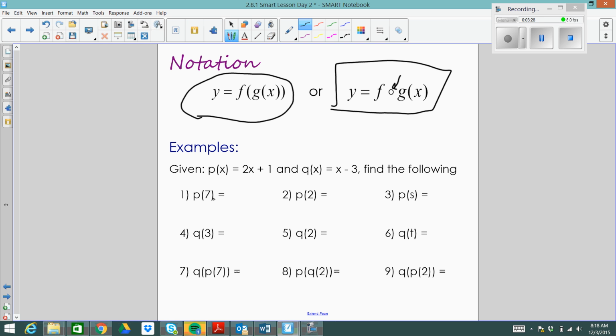So p of 7 means that I'm going to substitute 7 into p of x. So that's 2 times 7 plus 1, which is 14 plus 1, which is 15.